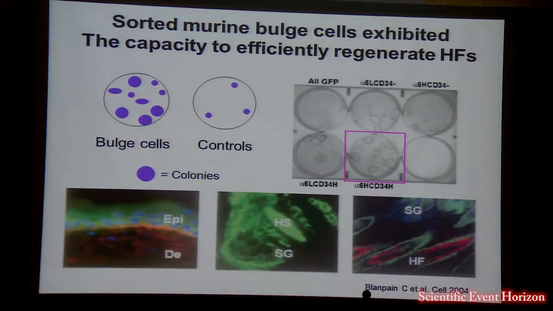When you combine the bulge cells with the hair inductive mesenchymal cells, as you can see here, labeled by GFP green staining, the bulge cells, which are highly proliferative, very efficiently reconstitute not only the hair follicle structure but also the sebaceous gland and epidermis, suggesting that the bulge stem cell would be an optimal material for human hair follicle bioengineering.